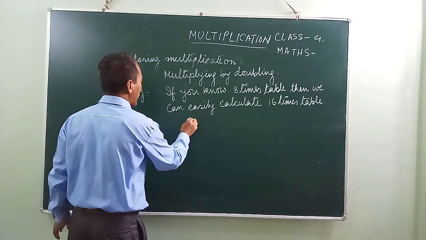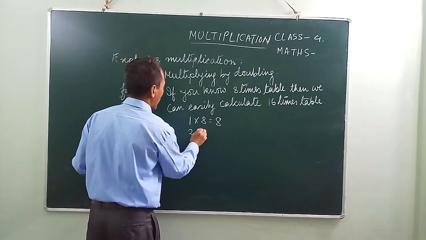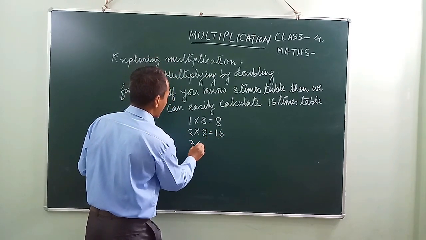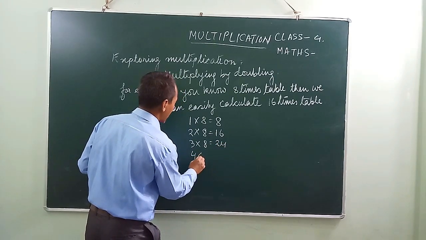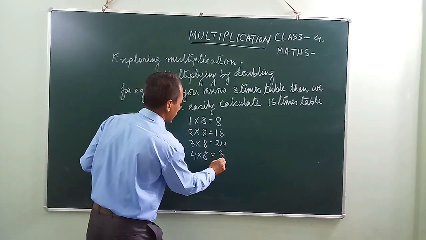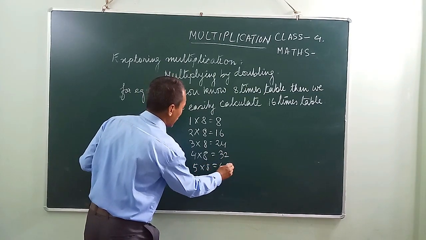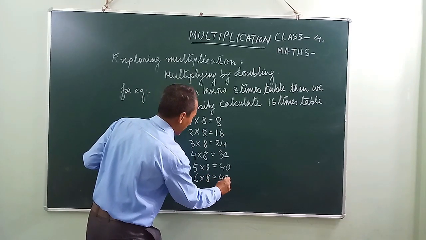For example, we know that 1 8 is 8, 2 8 is 16, 3 8 is 24, 4 8 is 32, 5 8 is 40, 6 8 is 48.